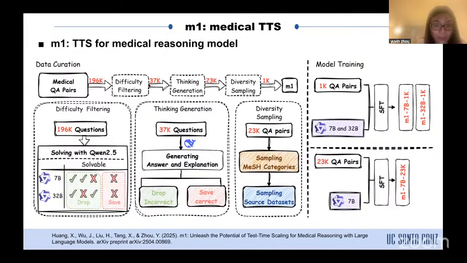In the medical domain, we performed a very similar pipeline to replicate this S1 journey. First, we did data curation, which curates a very high-quality 1K sample from the 196K medical QA pairs. We performed difficulty filtering to finally generate very high-quality 1K samples for supervised fine-tuning, SFT.